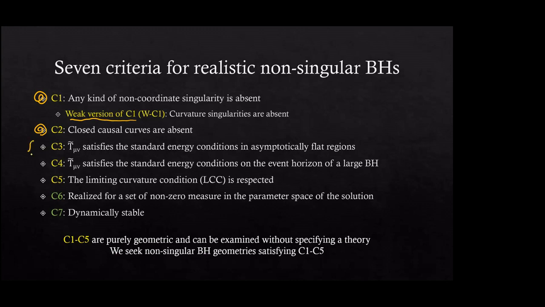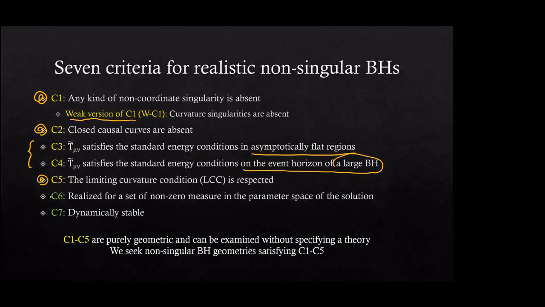And C3 and C4 are related to the energy conditions. C3 claims that T_μν satisfies the standard energy conditions in asymptotically flat regions. And C4 claims that energy conditions are satisfied on the event horizon of a large black hole, in order for such a large black hole to behave like a GR black hole. And C5 is actually the limiting curvature condition.